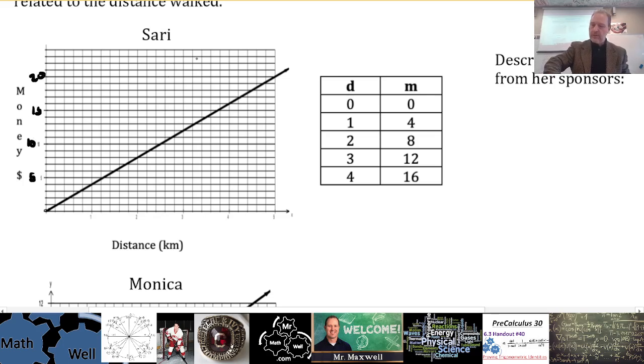I'm still frozen? I'm sorry. There we go. Can you see that now? Unfrozen? Okay. So we see we have a graph that increases. It's a positive slope, which is good. It makes sense that the more kilometers that are walked, the more money that the sponsor would owe, right? So that sounds about right.